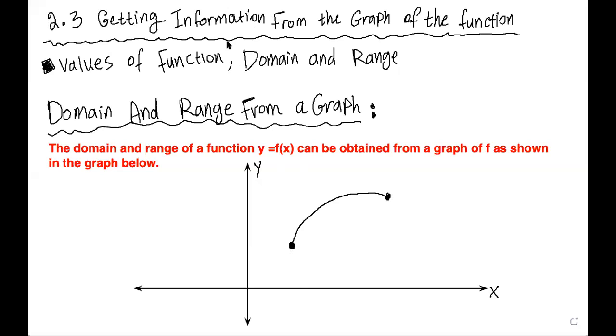So if my function looks like this, starting at this point and ending at this point, all the possible x values from x1 to x2 are my domain for the function.